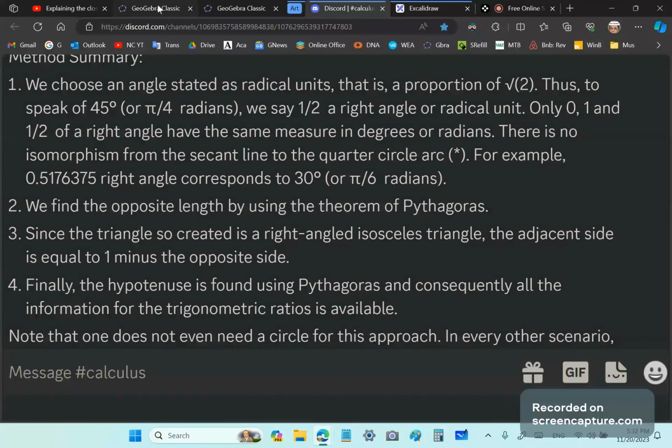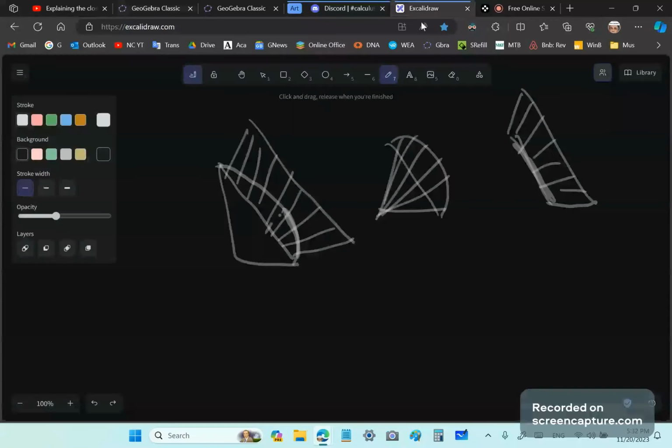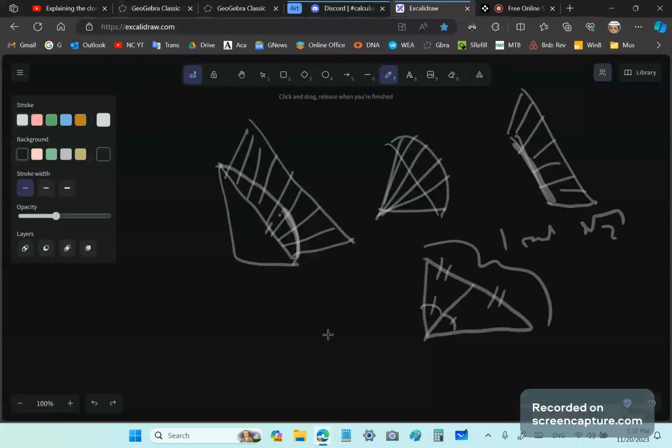If we just had something like this, then these angles are equal, and they both equal half a radical unit. So this is one radical unit, or simply root 2, and these are half of root 2. That's what that means.